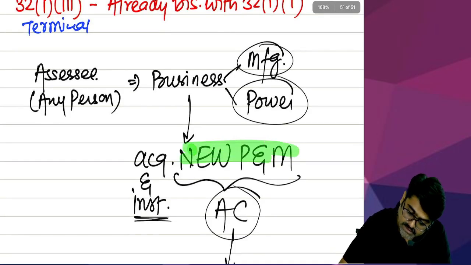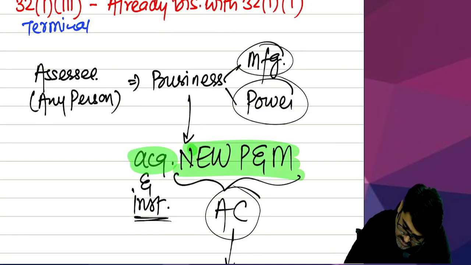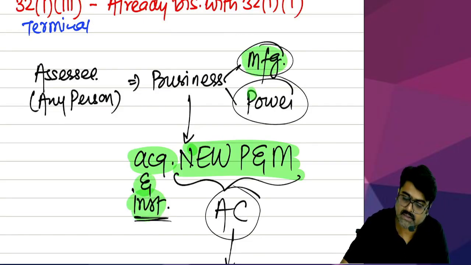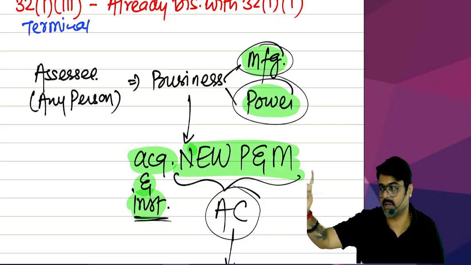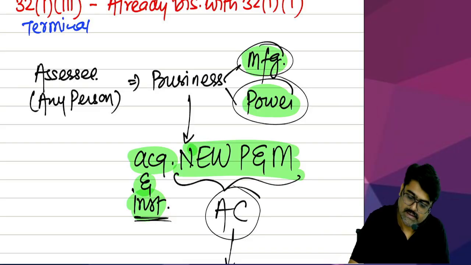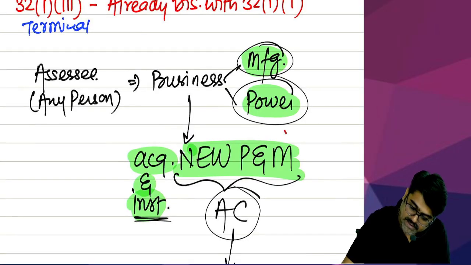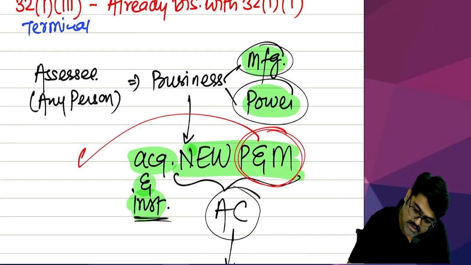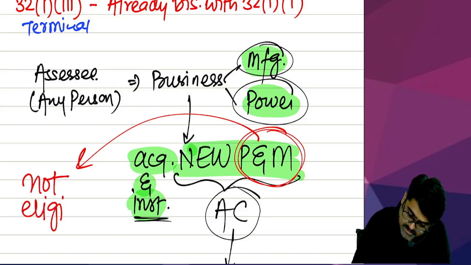Plant and machinery has to be acquired and installed for manufacturing or for power generation, distribution, etc. Now, some plant and machineries are not eligible. What did I say?